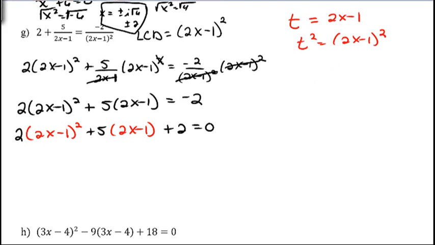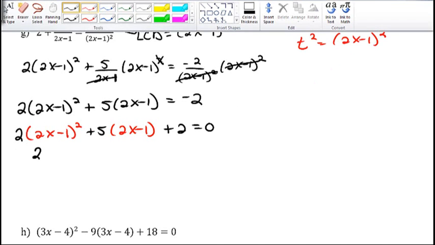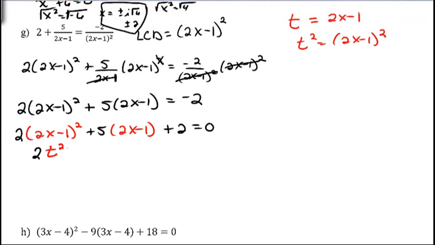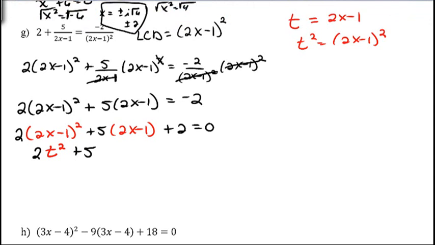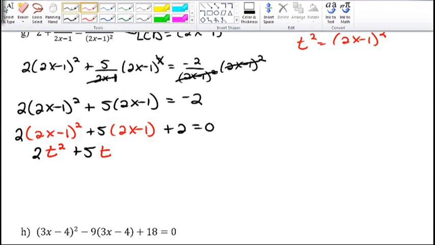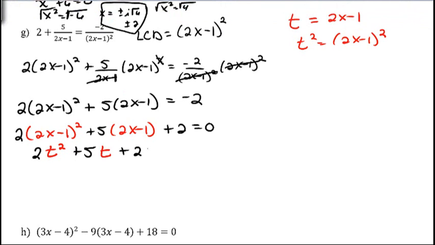Oops, we can just change back to black for that. Sometimes having different colors helps visualize things. So now again I have a quadratic, and hopefully I'll be able to factor this. So let's see if we can factor this.